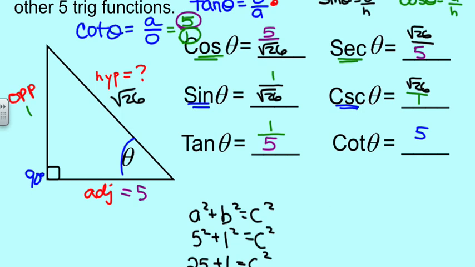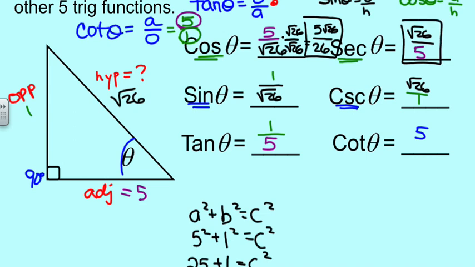So the first one, the cosine of theta. You need to rationalize that denominator. So I'm going to multiply the numerator and denominator by the square root of 26. So now I get 5 square roots of 26. Square root of 26 times square root of 26 is just 26. So there's my answer for the first one. This one is fine, so we'll leave it alone.